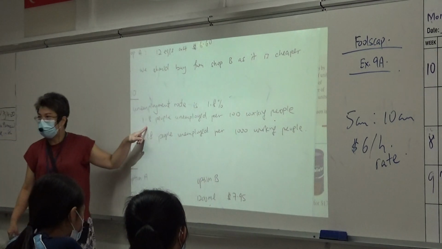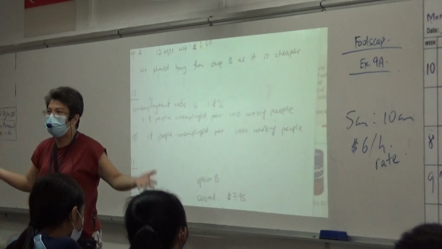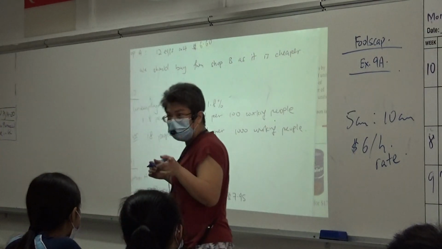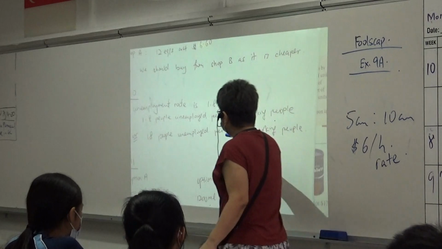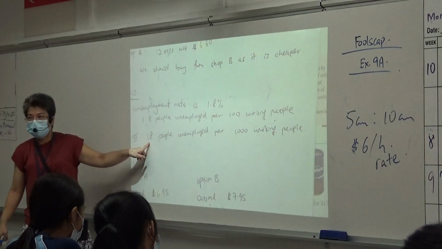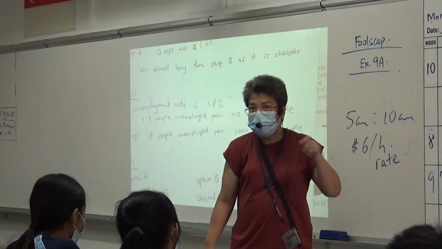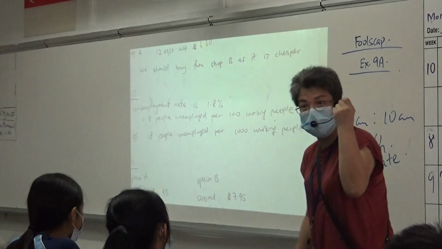This is not a whole number. How can it be 1 person and then half of them not working, right? But this is just a statistic. If I times 10, it becomes what? 18 people per 1,000 working people. So in statistics we can use decimals.